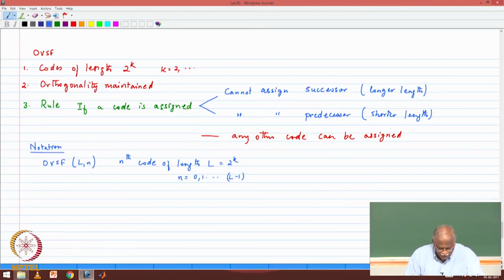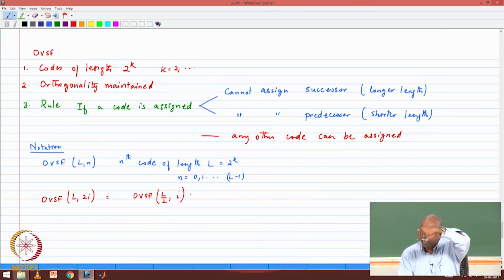Now the Hadamard way of generating longer length sequences from the shorter length is captured by the following. OVSF of length L comma 2I, the 2ith code of length L, would have come from the ith code of length L by 2, because when I go to the next level I get 2 for each of those.